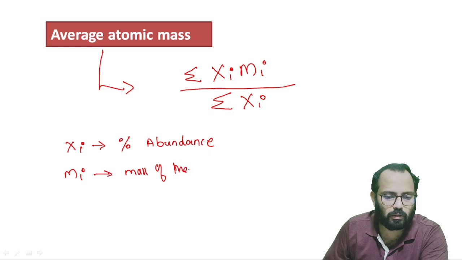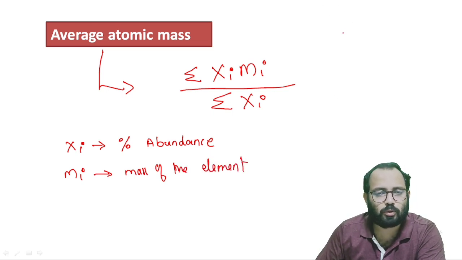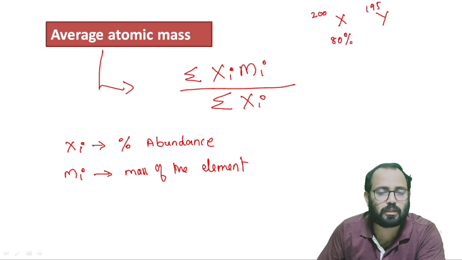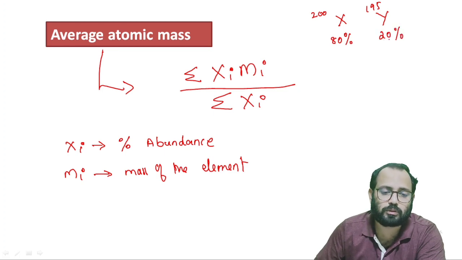Let's say we have two isotopes of a particular element, x and y. x has a mass of 200 and y has a mass of 195. x has an abundance of 80% and y is only 20% abundant.